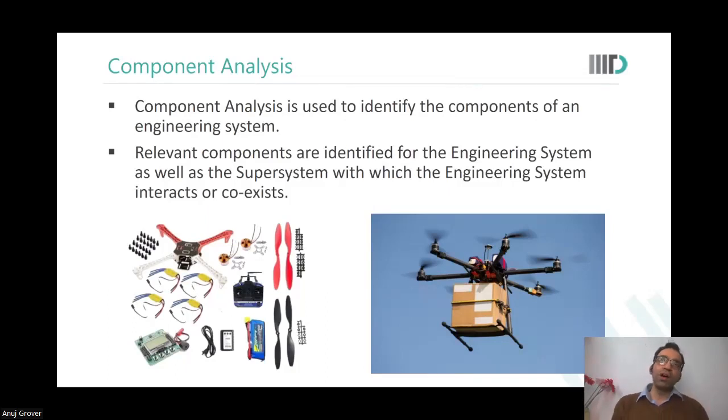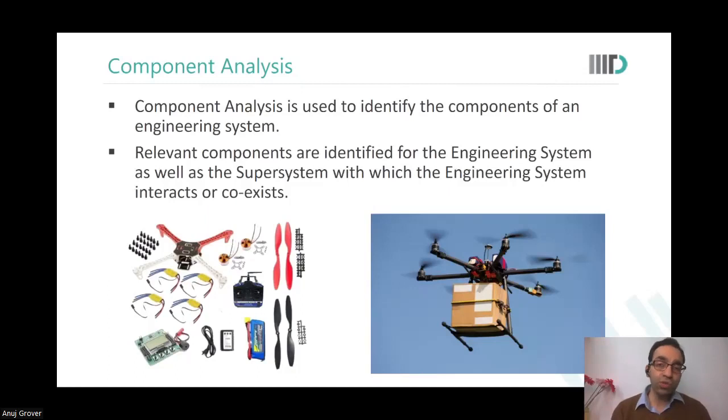Okay. So whatever product you want to make, that product, let us say, is the engineering system. So we wanted to make a drone. The body or skeleton of the drone, the blades of the propellers, the remote, the wires, the display, the connecting stuff, everything, they are all a part of the engineering system.